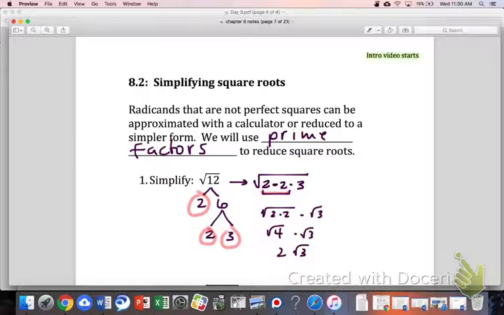But I think the fastest way is the way that I mentioned at the start, and that is to go through your prime factored radicand and ask yourself, which prime factors do I have a pair of? Since I had two 2's, I can bring those out, but they come out as just a single 2. So 2 times the square root of 3. We're going to practice this with another one here in just a second.